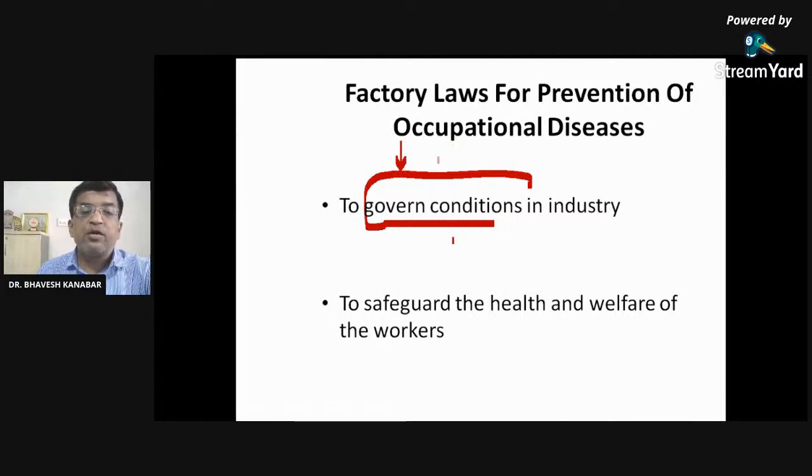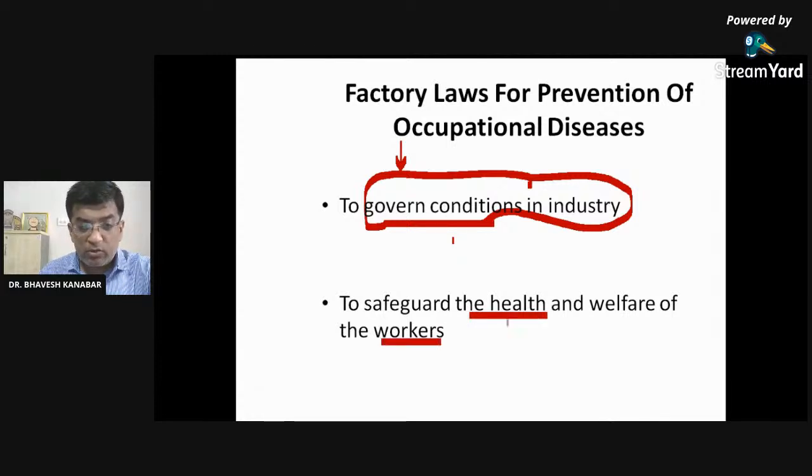If the health of the worker is in good condition, there will be more productivity, and ultimately that will benefit the promoter of the company. It is also to safeguard the safety, health and welfare of the worker. For this, the Factory Act was established.